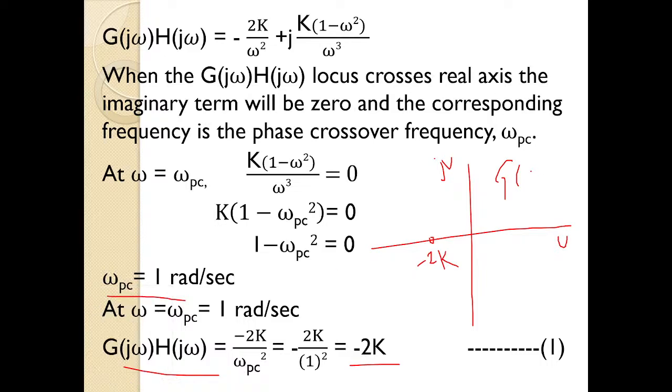If there were an option for typing text, I might have used that option. I'm unable to write here properly, but this is it. G of s H of s plane, you write it down. Locate this minus 2K. Consider it as equation 1.